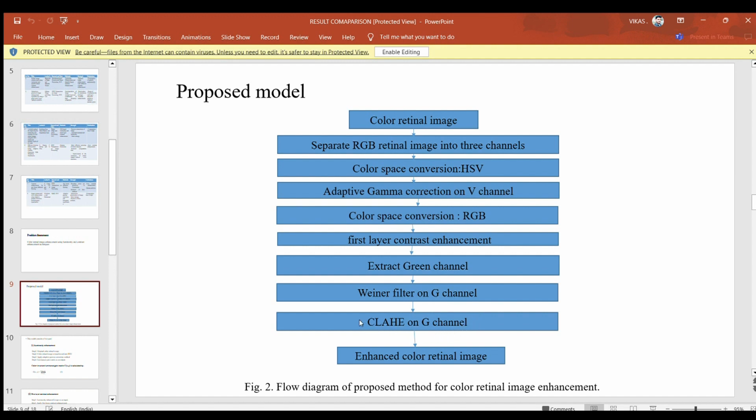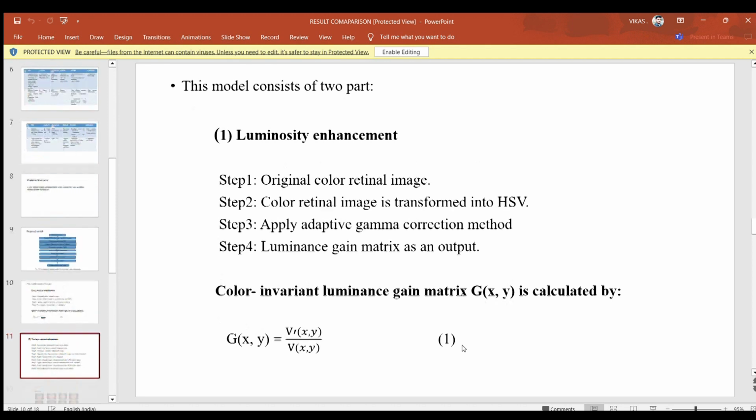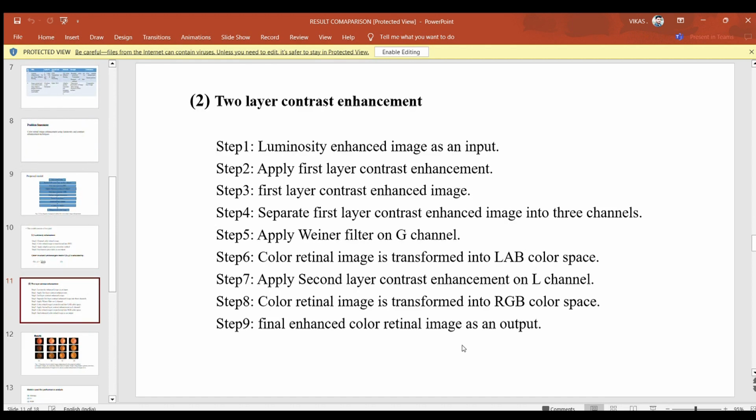Then after merging, it outputs the enhanced color retinal image. This model consists of two parts: luminosity enhancement and two layer contrast enhancement.